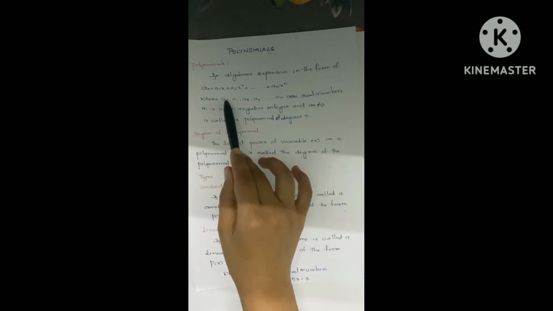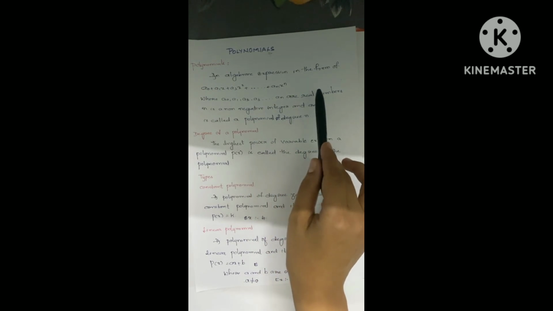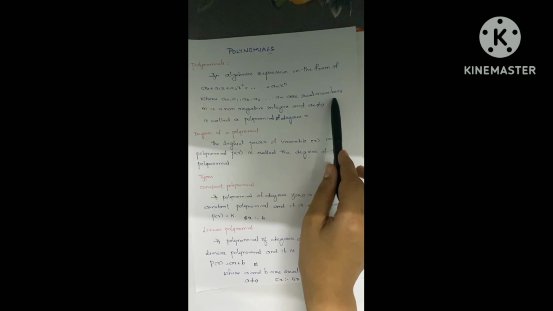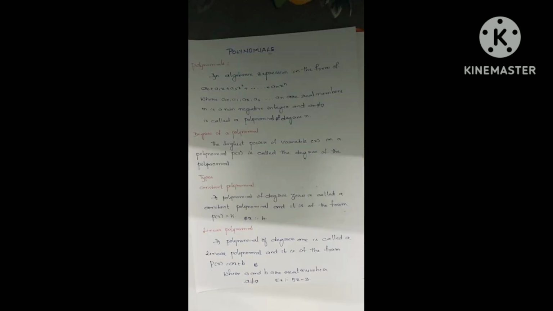So here a0, a1, a2, a3 and so on up to an are the real numbers and they are also called numerical coefficients, and the highest power is n.